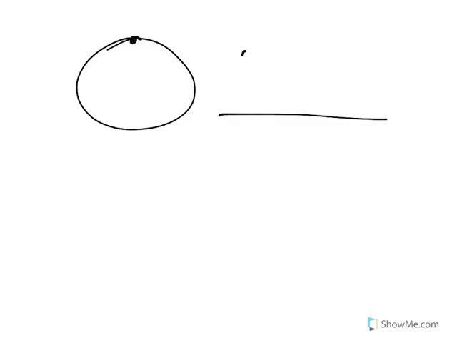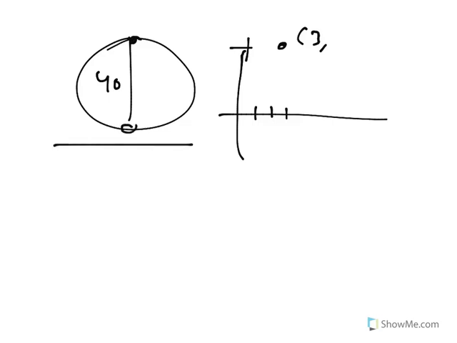So on our graph, 3 is sort of the high point. Now, the diameter of the Ferris wheel is 40, and when you get on, you're actually 3 feet above the ground. So our high point, we're up here at 43.